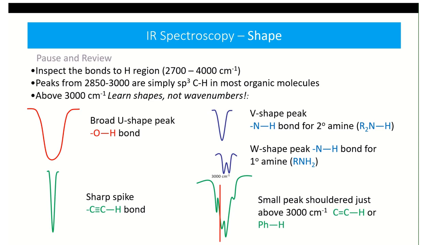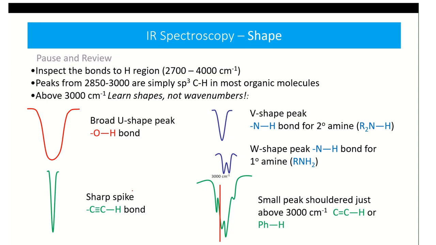And herein you can see, for example, the OH, which has hydrogen bonding, is quite broad, while the alkyne CH is quite sharp. Look at the NHs for both the secondary and primary amines. These are fairly broad but weaker because they're not that polar, and you can see there's a difference between the secondary and the primary.